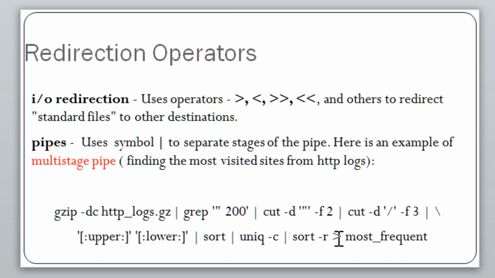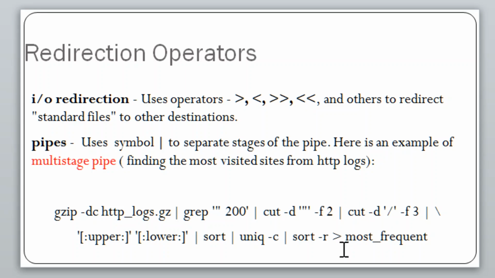Now guys, if I were to get rid of this here and put a pipe in front of most frequent, it's not going to work, okay? Because it doesn't work the same. This is redirecting the output and feeding it into this file. Pipes send it into the standard input of the next thing. In this case, this is not feeding into the standard input of a command, it's actually sending it into this file.